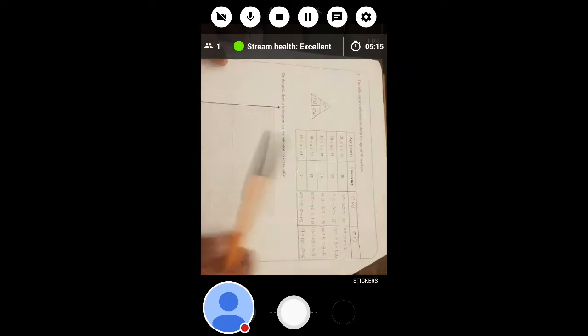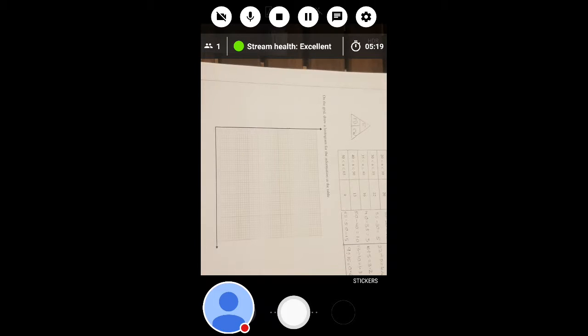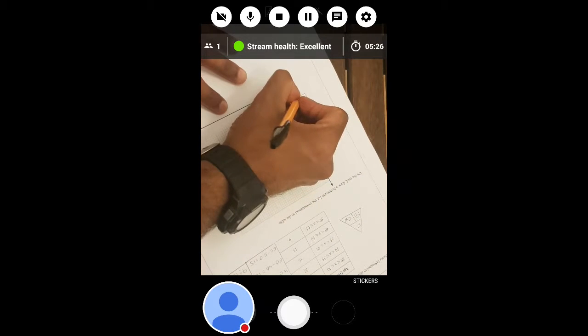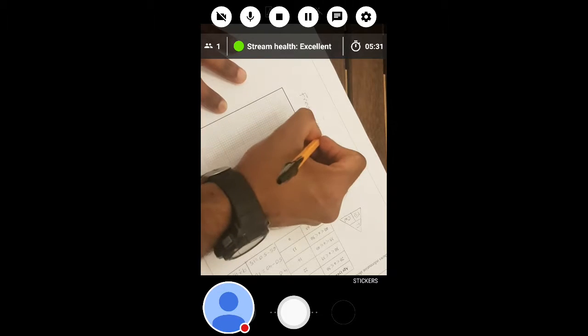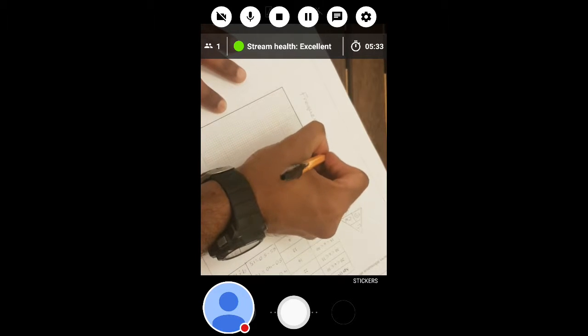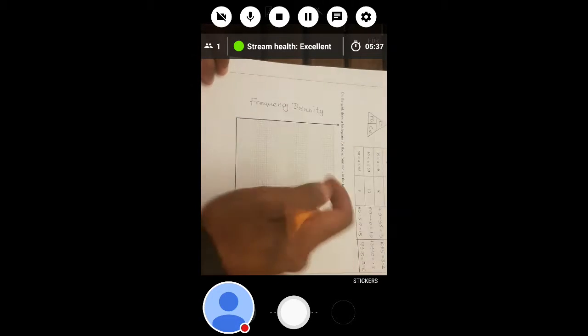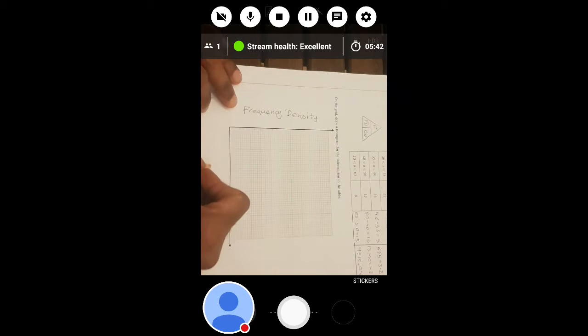Now what we have to do is choose the values for the axes. The y-axis is always going to be frequency density, and the x-axis is for your class width, which over here is age in years.